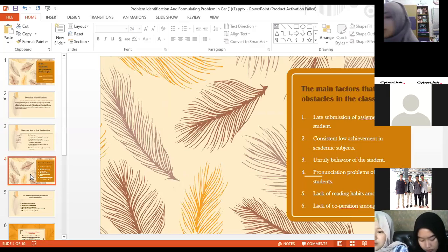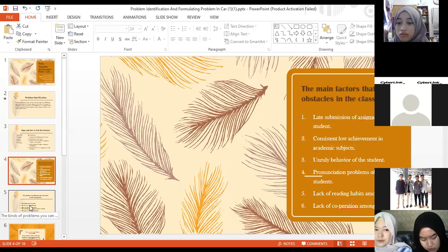Next, please. Okay. The main factor that becomes an obstacle in the classroom. From this slide, you have to try to make some criteria so you can find which is the most important problem that you have to solve first.